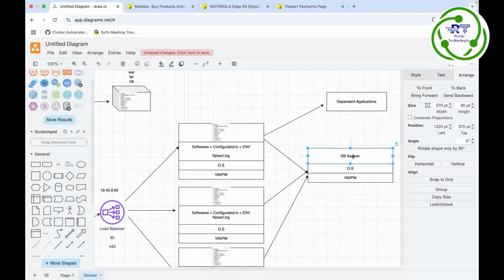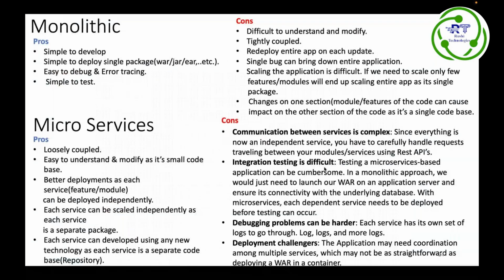But in the case of microservices, before integration testing or end-to-end testing happens, you need to make sure all of your microservices are deployed. You need to make sure each of the dependent services is deployed.